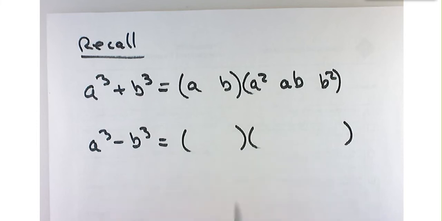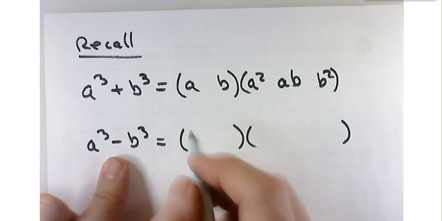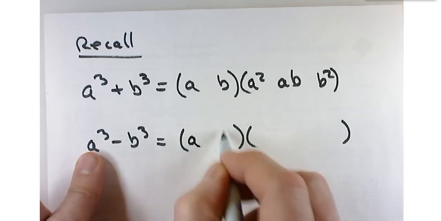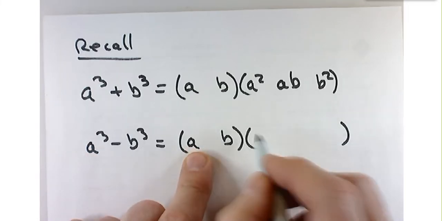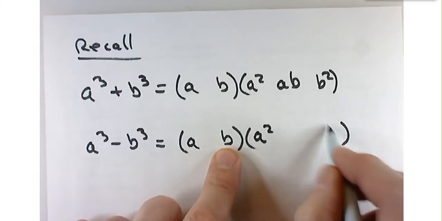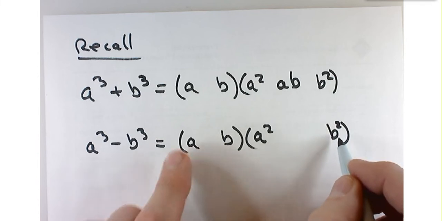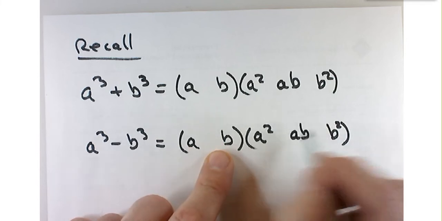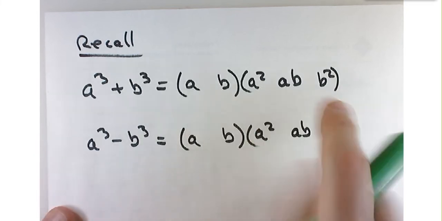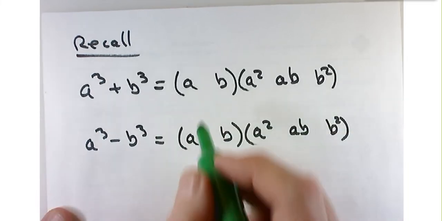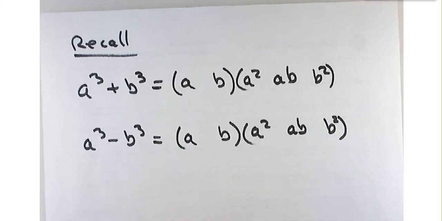Let's do the same thing down here. It's always a binomial times a trinomial. So it's going to be an a and a b, the things you cube to get these. This term times itself, this term times itself, and then this times this, ab. Somebody who had me last semester, remind me, what's the word I use to help me remember and fill in the signs? Soap? Yay, thank you.